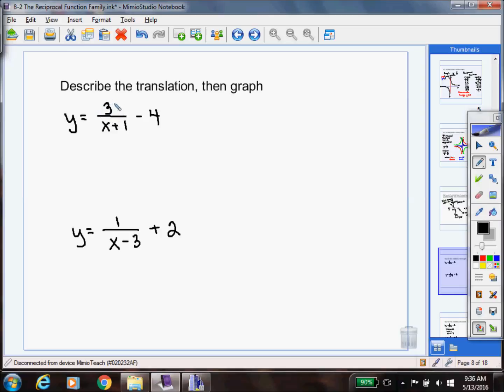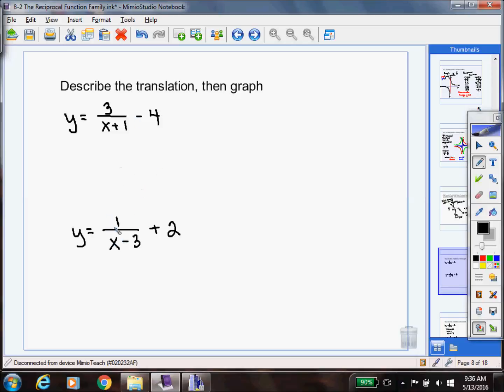So think about the 3. The 3 will mean that you have a stretch. The 1, the plus 1, means that it will go to the left 1, and the minus 4 will mean that it goes down 4. All right, I want you to think through the next one, okay?